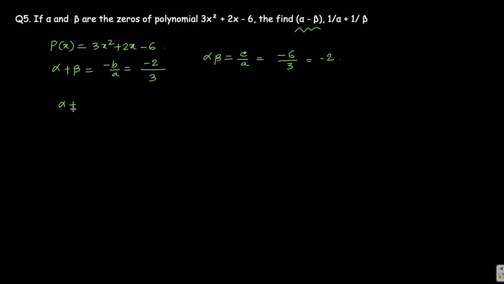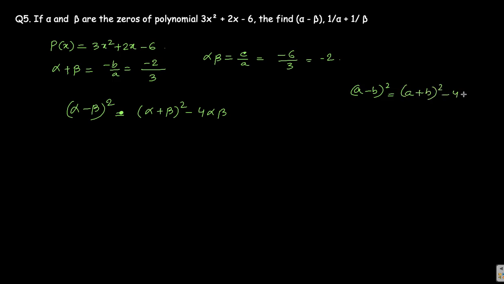Now we have to find alpha minus beta. We can write a minus b square. So we have to find alpha minus beta square, and if we take the square root, we can get alpha minus beta. So a minus b whole square in terms of a plus b is alpha plus beta whole square minus 4 into alpha beta. a minus b whole square is equal to a plus b whole square minus 4ab.